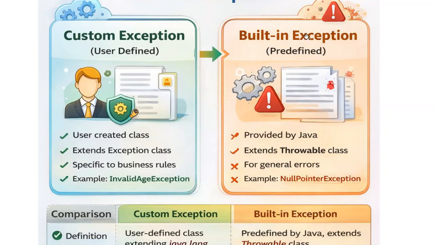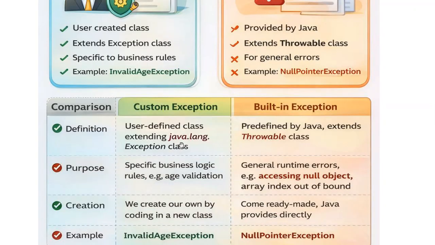Exceptions like InvalidAgeException or InsufficientFundsException for the account balance are not present in the predefined ones. So for that purpose, as a programmer, we develop our own logic. That is called business rules. This type of exception, as a programmer or developer, we have to write ourselves. I hope you are clear with this.